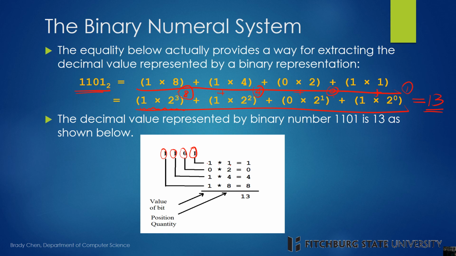For 2's position, it's 0 times 2. 4th position, 1 times 4. 8th position, 1 times 8. So we got 1, 0, 4, 8. Now we add these together, we get 13. Okay. So we actually provide a way of converting a binary representation into a decimal value.